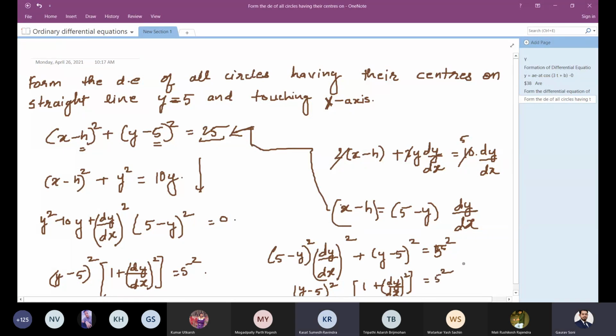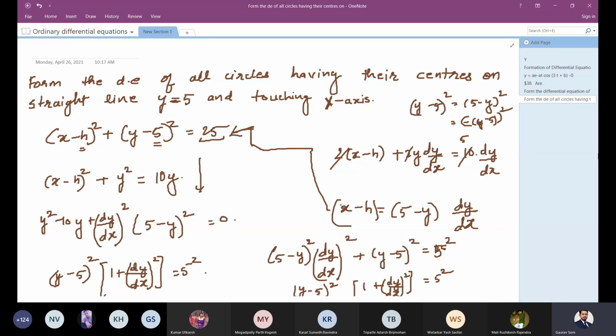But it is 5 minus y whole square, and y minus 5 whole square is equal to 5 minus y whole square. The square is always a positive number. So if you take the minus sign common from the right hand side, minus of y minus 5. Yes, sir, I got my mistake.